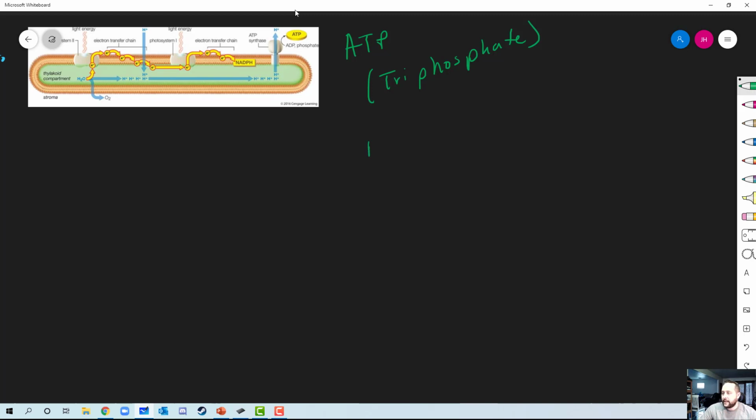Well, to make ATP, you take an adenosine diphosphate that has 2. You just add 1 to it. So you already know a little bit about it.